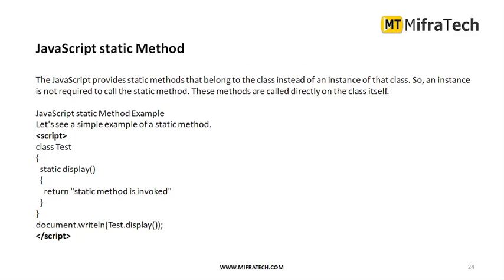We can see an example in a script, class Test. The static display returns that the static method is invoked. Document.write with Test.display, the display function has been called here, and the output returned is static method is invoked.